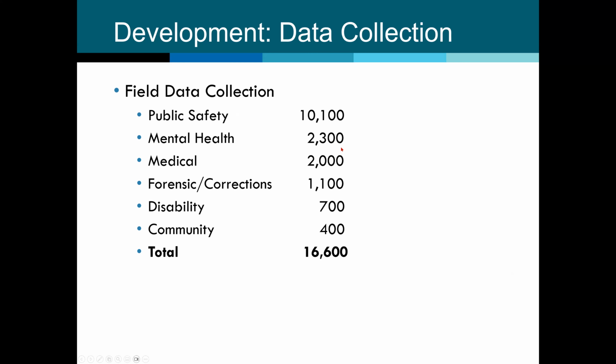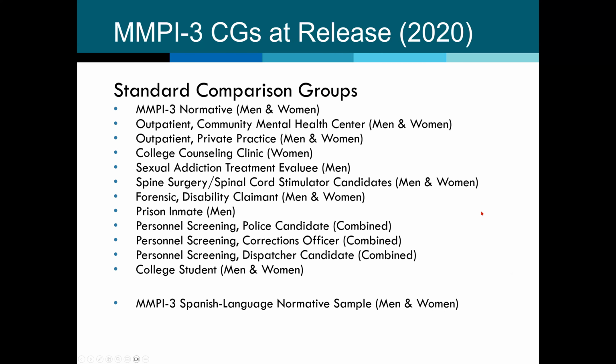We also collected data for individuals receiving services in mental health settings, medical settings, forensic and correctional settings, disability claimants, and a general community sample. And these data were then used to compose the comparison groups that were available when the MMPI-3 was released in late 2020, in November of 2020.